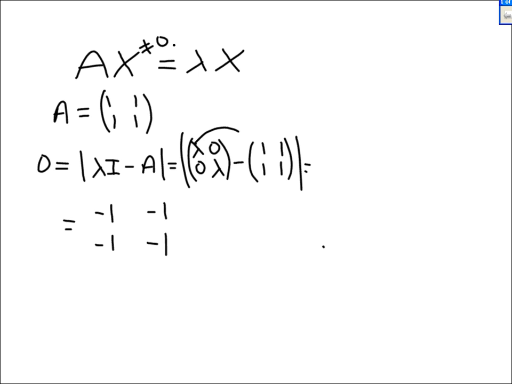And you get lambda minus 1, 0 minus 1, 0 minus 1, and then lambda minus 1.